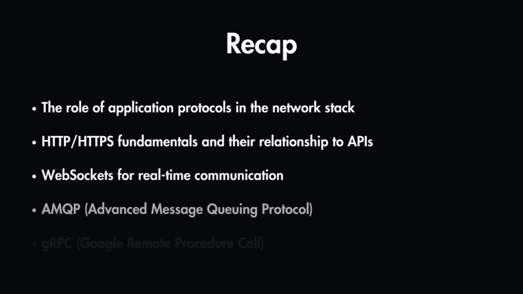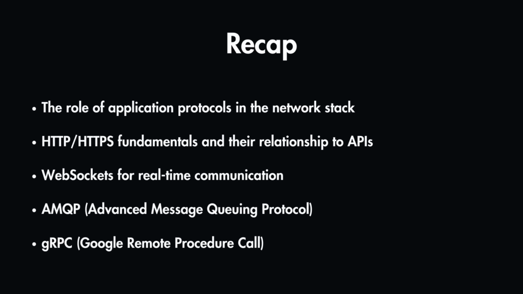So to recap, we have explored the role of application protocols in the network stack, HTTP and HTTPS, which are the most fundamental types of protocols, WebSockets for real-time communication, AMQP, which stands for Advanced Message Queuing Protocol, which allows us to have asynchronous communication and adds message queues between the consumer and producer, and also gRPC, which stands for Google Remote Procedure Call.